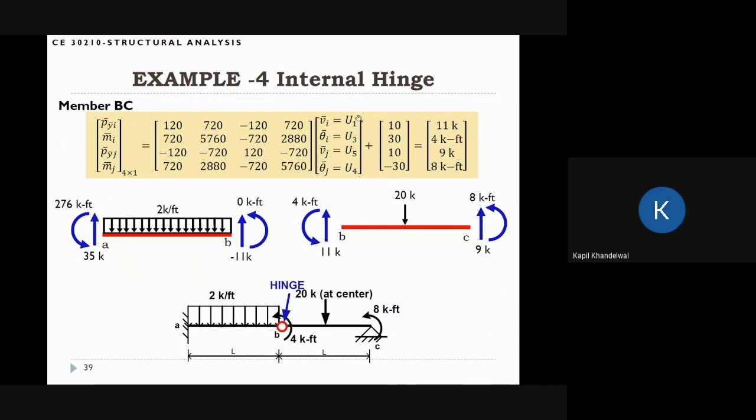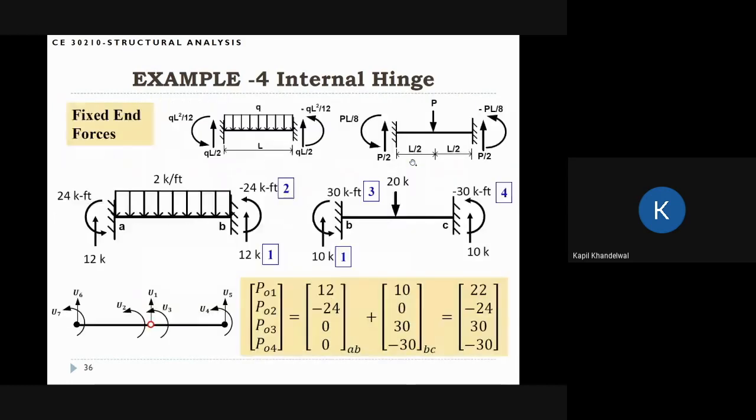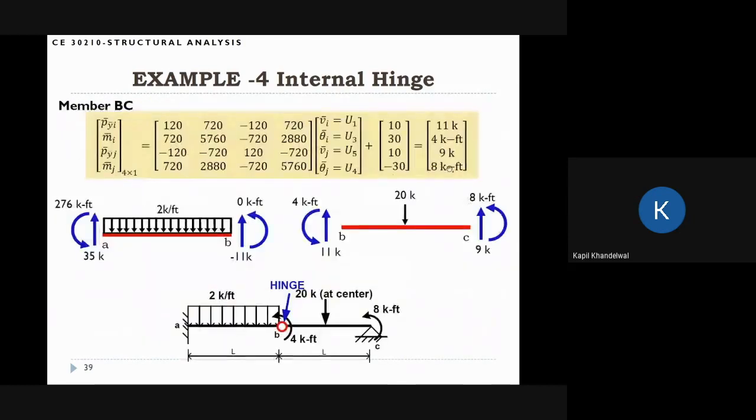So we have to put those numbers in and add the fixed end forces. Again, these fixed end forces come from the calculation we have done here. The fixed end forces in this case are 10, 30, 10, minus 30. If we do the algebra, these are the numbers. Again, the units are kip and kip-feet.